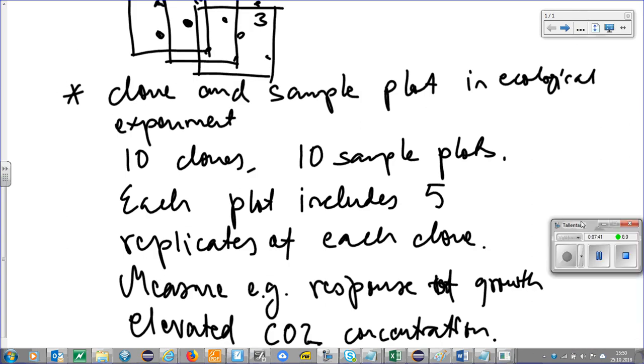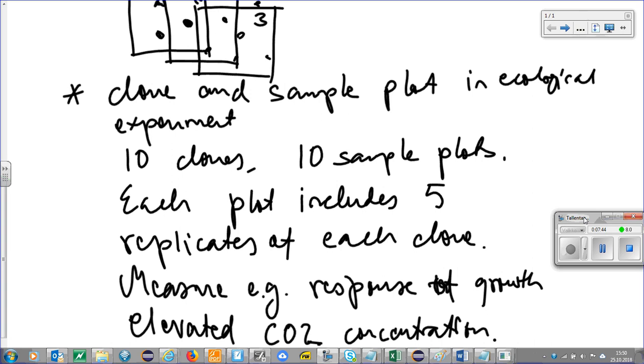As a fourth example, let us take an ecological sample plot where we can have, for example, some willows or whatever plants, and they are cloned. So we have several clones of the same species, and then we have divided them also to sample plots.